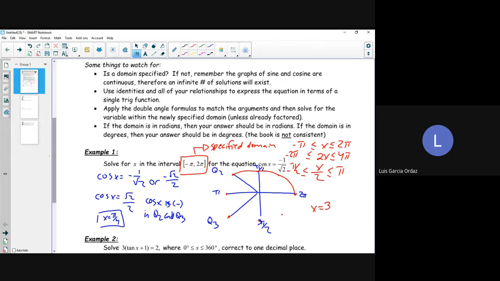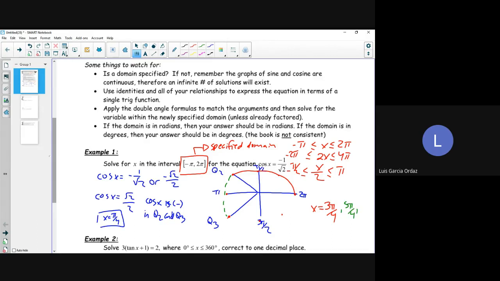That's our first radian measure. What would our second radian measure be? We have our terminal arm in quadrant 2, but we also have a terminal arm in quadrant 3. So our next possible radian measure is 5 pi over 4.